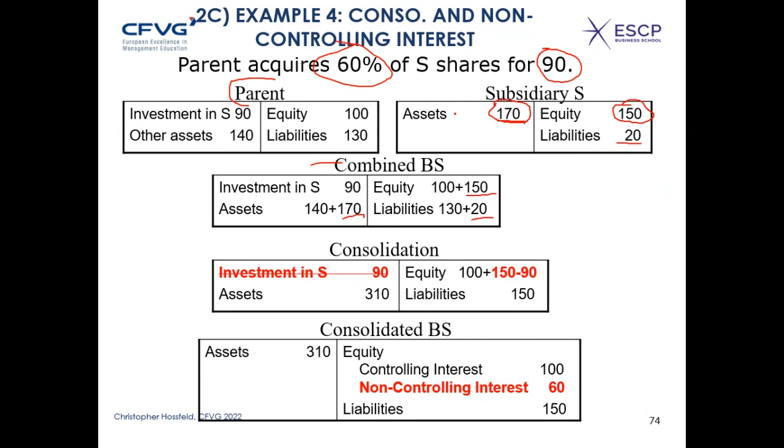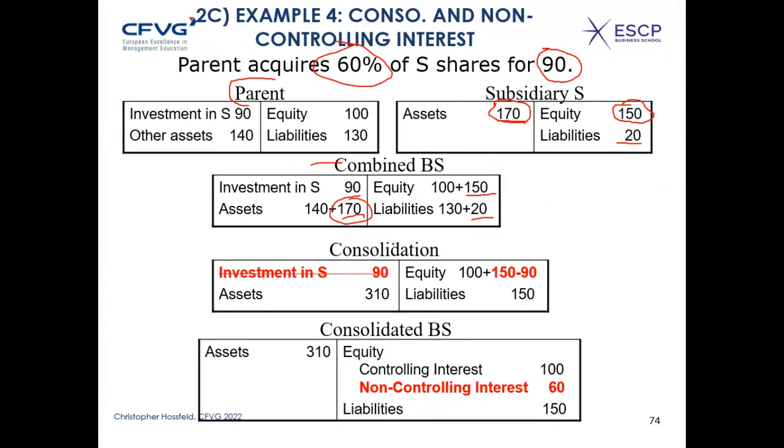He will not just sell 60% with the argument, 'Since you are only a 60% shareholder, I do only 60% of what you tell me.' No, he will do everything to 100%. That means control means I fully control the subsidiary, and therefore I always take 100% of the numbers of the subsidiary.